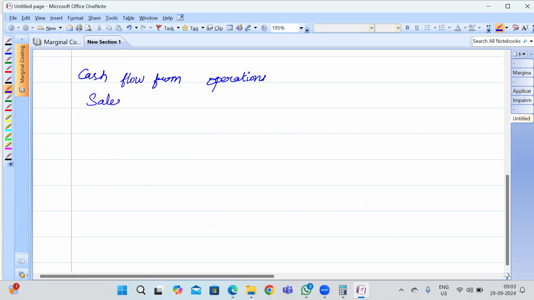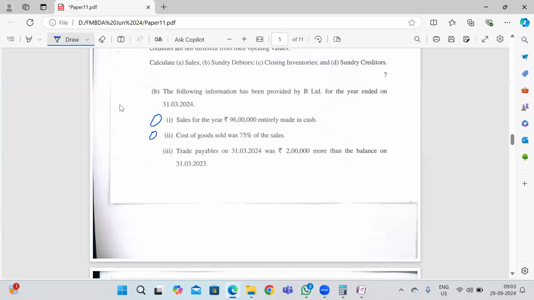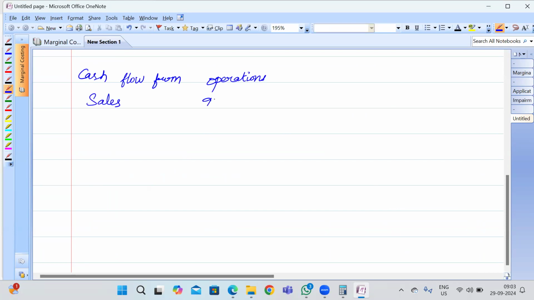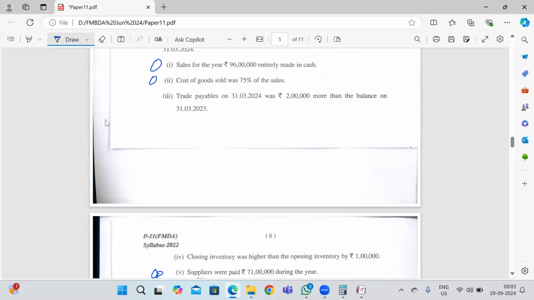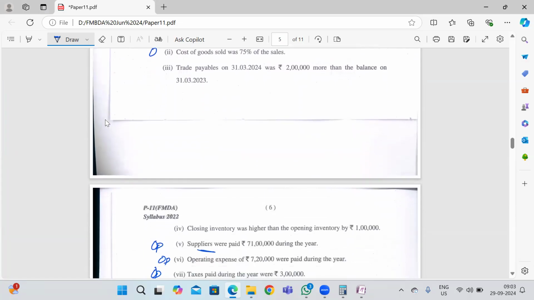So we have sales as 96 lakhs. Then cost of goods sold we have 75%, fine, but we have the payment to suppliers itself, so directly I can go for that information.